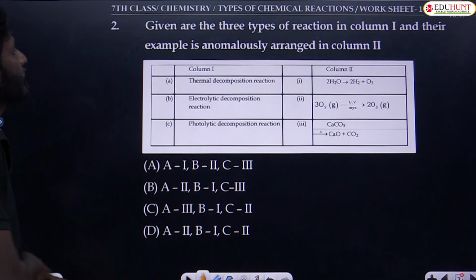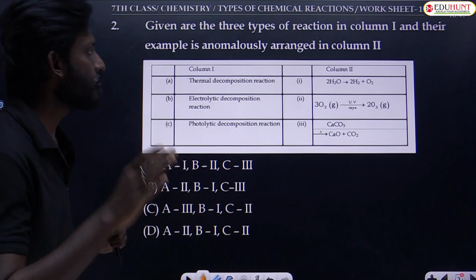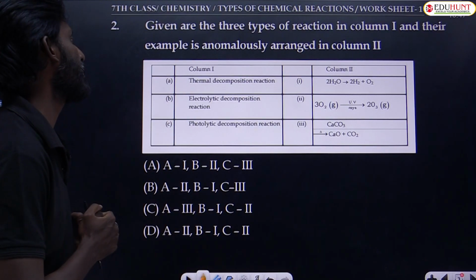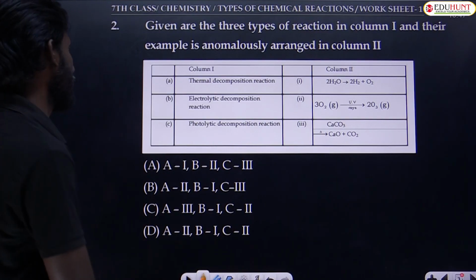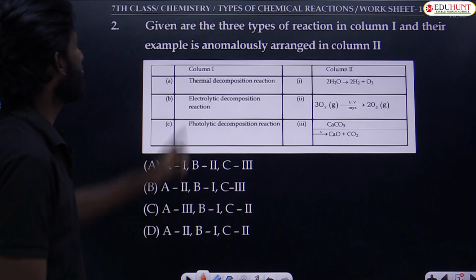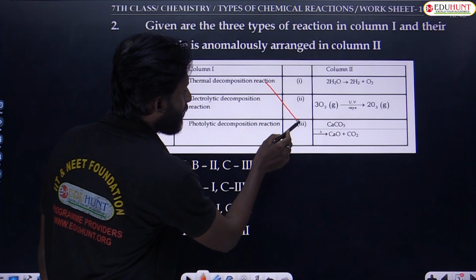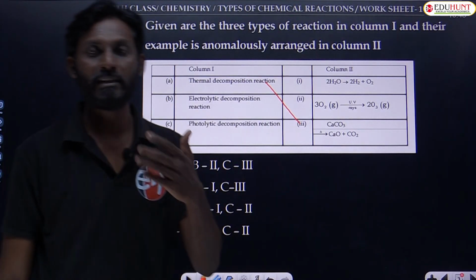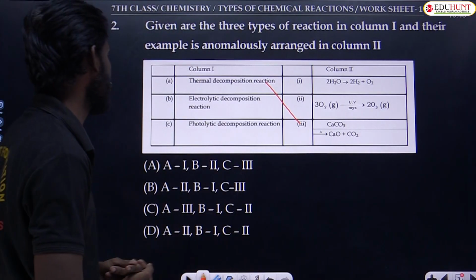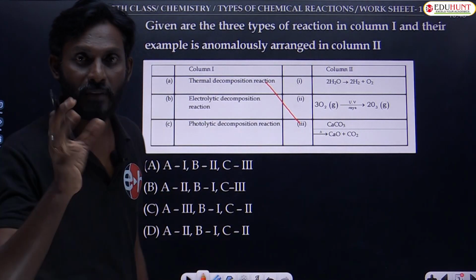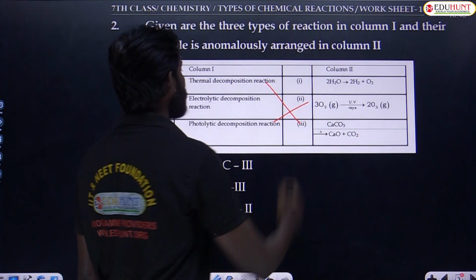The next, given are the 3 types of reaction in column 1 and their examples are anomalously arranged in column 2. The point is thermal decomposition. When you heat calcium carbonate, when you decompose something by heating, it is thermal decomposition. And when you decompose some compound with the help of light, it is photolytic decomposition.